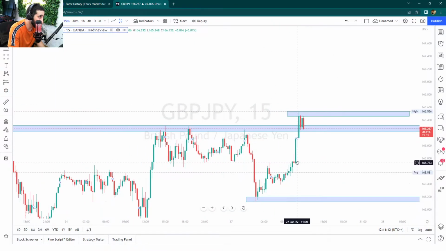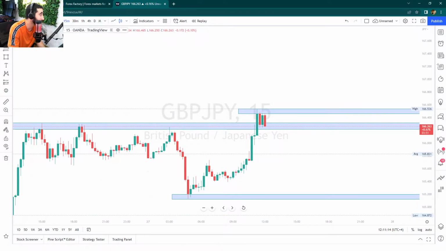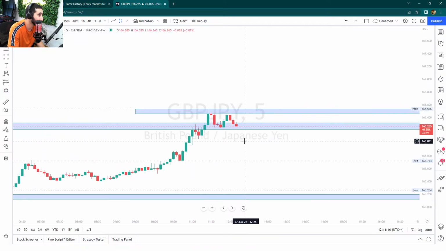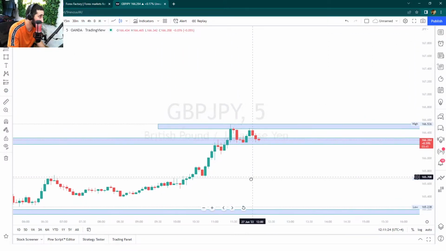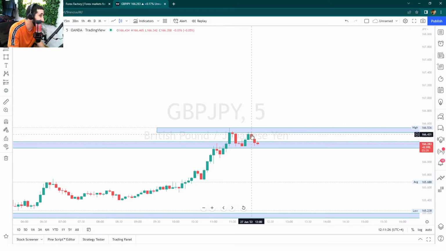As you can see here, if we go to the 5-minute time frame, you can see the fight. Now there is a big fight happening between the British pound and the Japanese yen in this area. But why is this area so important?